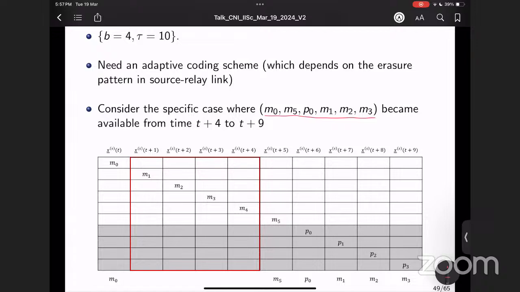These messages are available from time T+4 to T+9. In fact, M0 is available at time T itself, but I'll be starting a new transmission from the relay only from time T+4. That's the way I'm always going to do it.